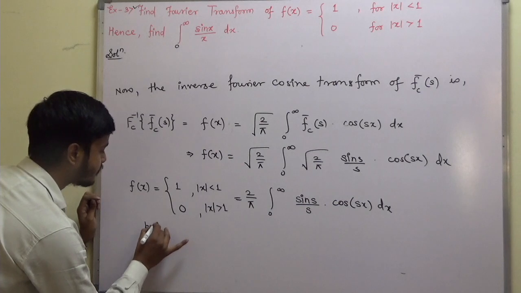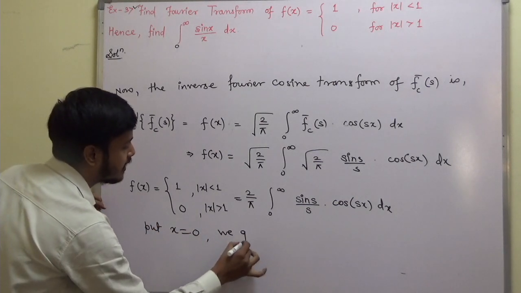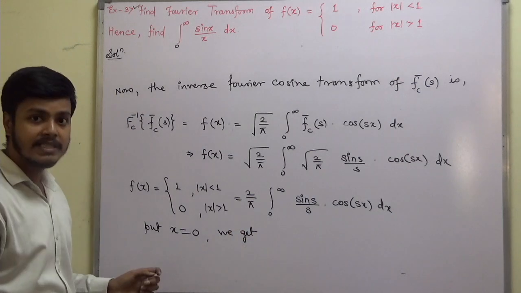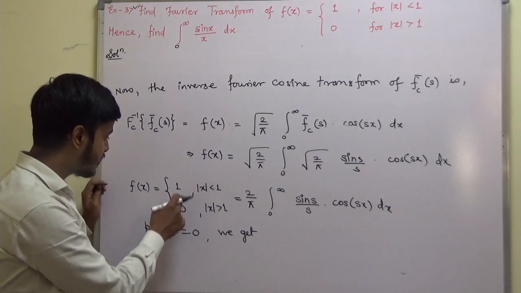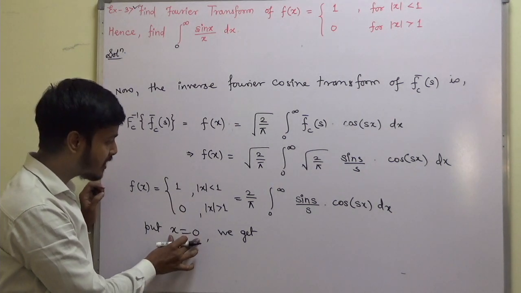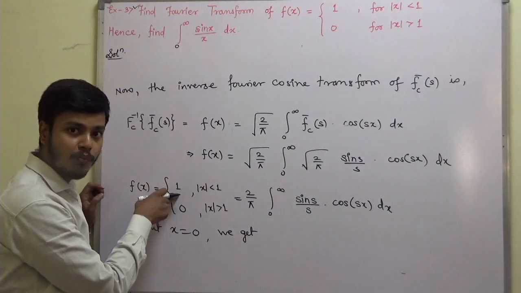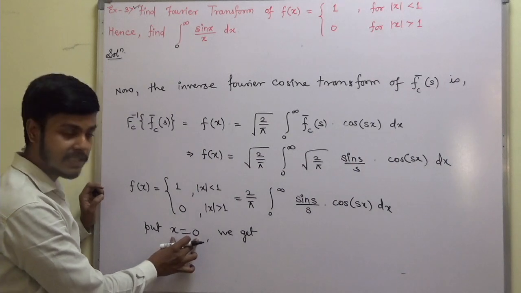So put x is equal to 0, we get, the moment I put x is equal to 0, two values of f of x are there. For x is equal to 0, we will be getting 1, and the other one is not valid because I'm putting x is equal to 0.